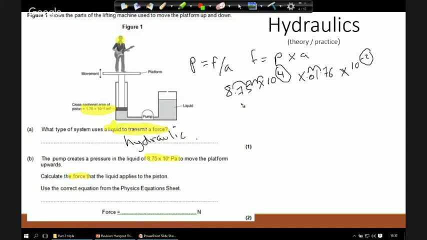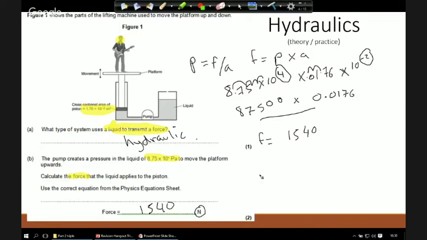So this number is going to become 87500 times by 0.0176. Now when I put these two numbers into my calculator to calculate the force, that comes out as a lovely 1540, and they give me my unit already, so 1540 newtons.